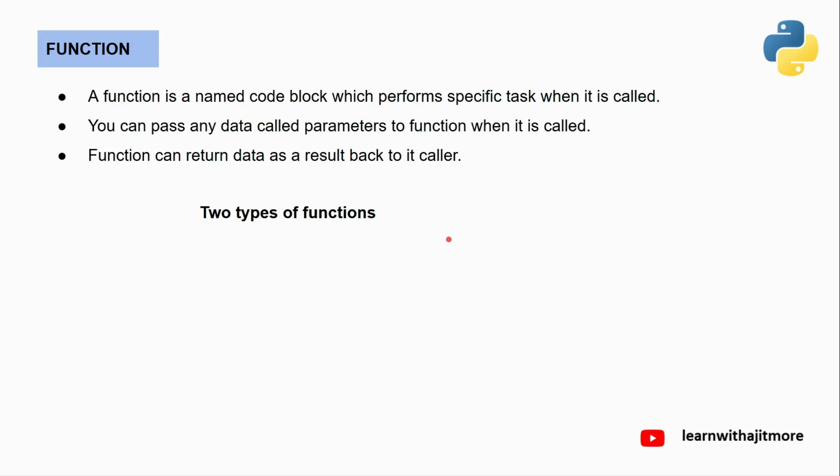ठीक है, तो mainly we will be focusing on user defined functions only in this module, like how to create user defined functions and all. See, so user defined functions one, and second is built-in function. Please remember, built-in functions means functions already provided in your Python installation, or sometimes you install it also.